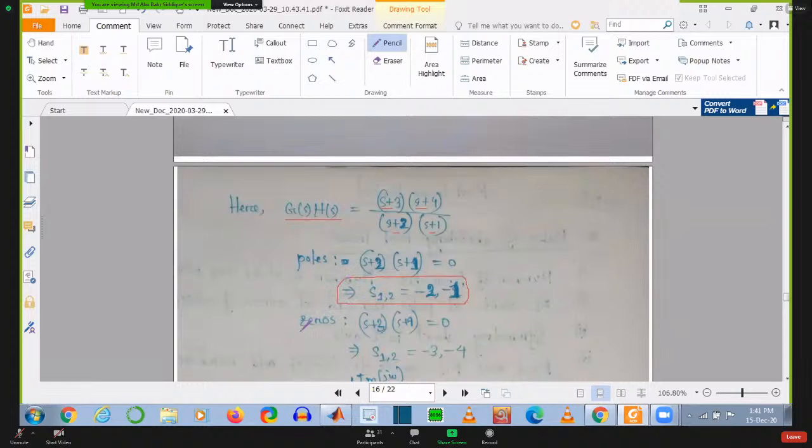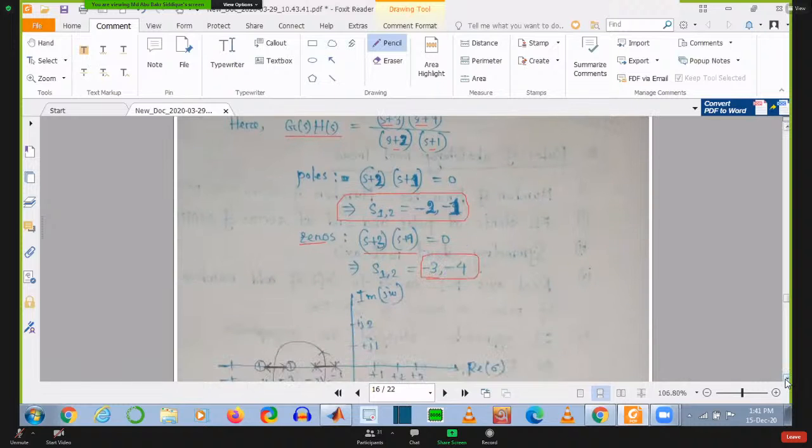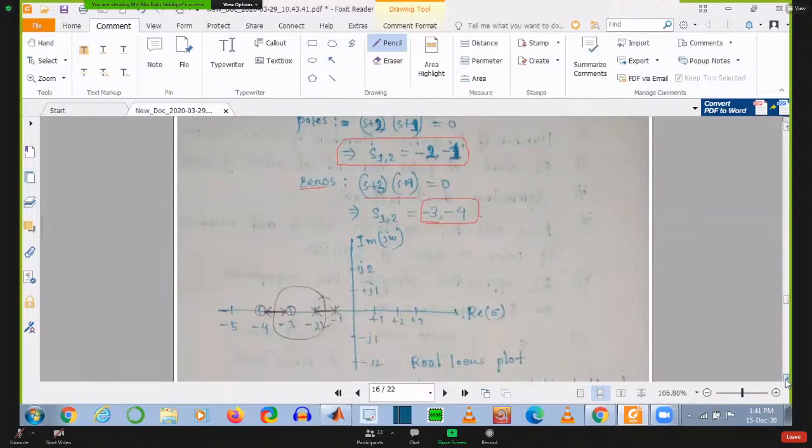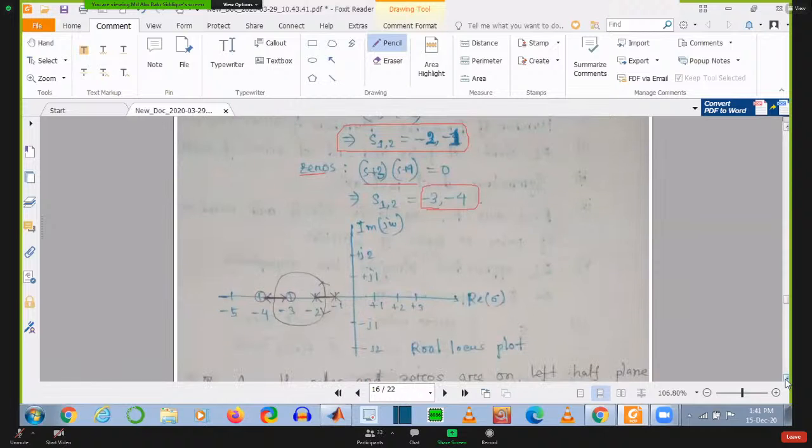And zeros: the zeros are (s+3)(s+4). Setting these equal to 0, we get s1, s2 equal minus 3, minus 4. These two are zeros. After that, from these poles and zeros, we want to draw the root locus plot. So how can you draw that? You have to put those poles and zeros on your graph. We have 2 poles and 2 zeros.